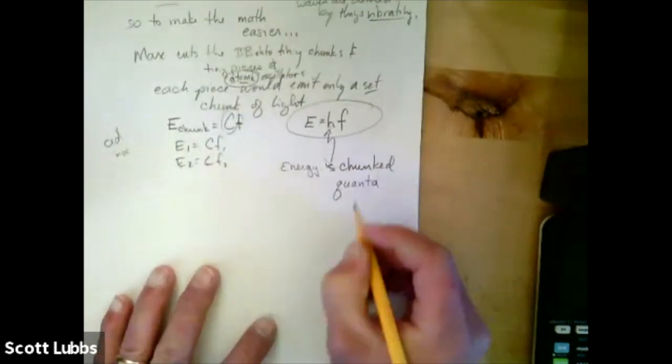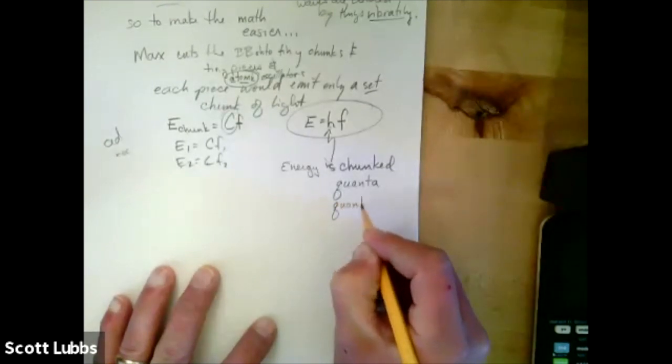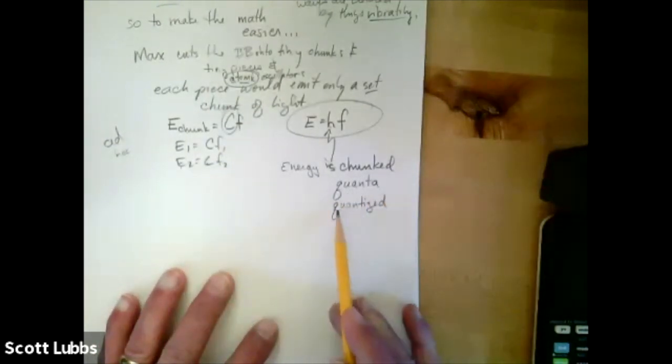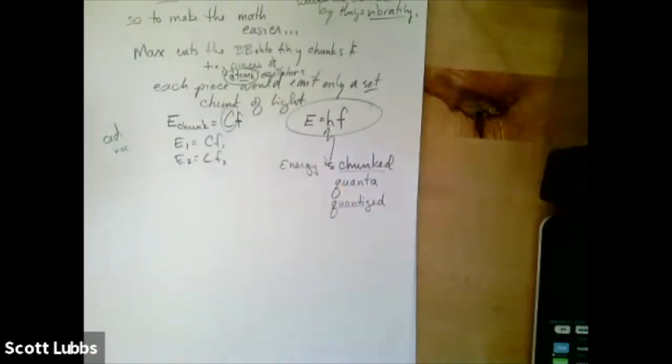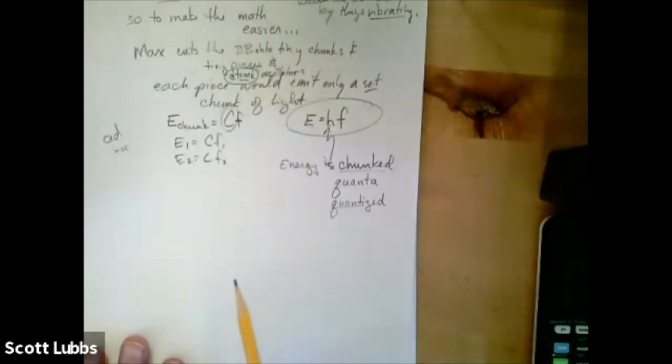So it comes in a quanta or is quantized. When you hear the word quanta or quantize, I want you to think of chunk. Rocky Road. So the energy of a photon that comes out of there is how much energy is it? It's just frequency times Planck's constant. All right.